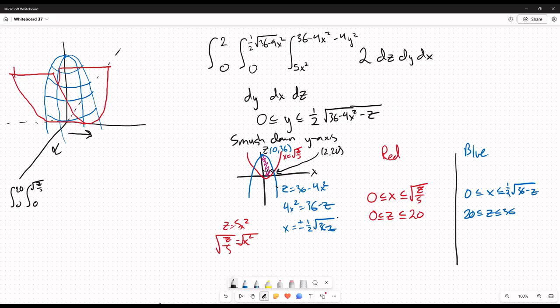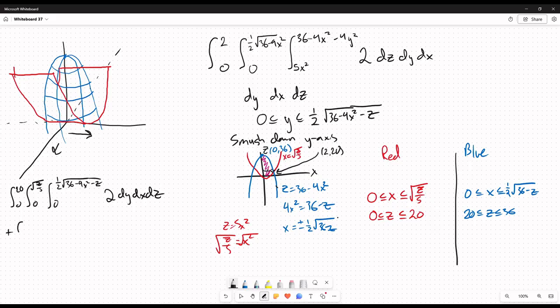And then the integral from 0 to 1/2 square root of 36 minus 4x squared minus z of 2 dy dx dz. That takes care of the part where the red function is my right, or basically my frontmost function in this region.